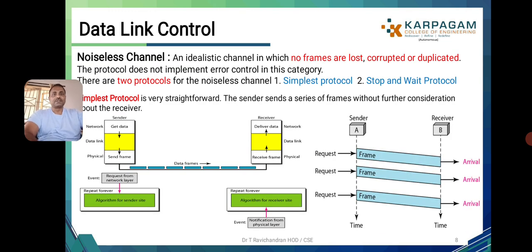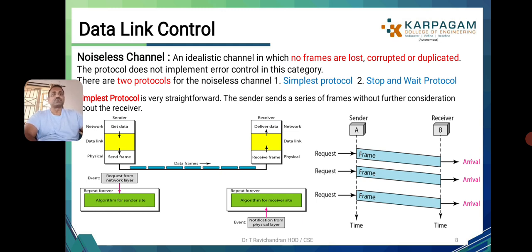First, the noiseless channel. It is an ideal channel, with no frame loss, corruption, or duplication. The data is transferred directly from the sender to the receiver, and all the data is sent correctly, since no noise occurs in the channel.